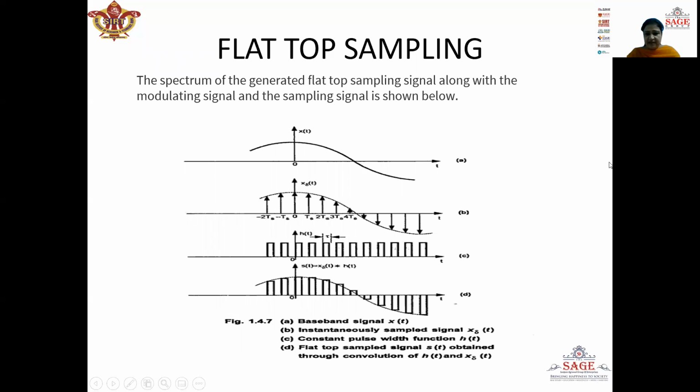Here we have seen the waveforms: waveform A represents the message signal x(t), B represents the instantaneous sampled signal, C represents the train of pulses, and D represents the flat top sampled signal, which is obtained by convolution of h(t) and x delta(t).